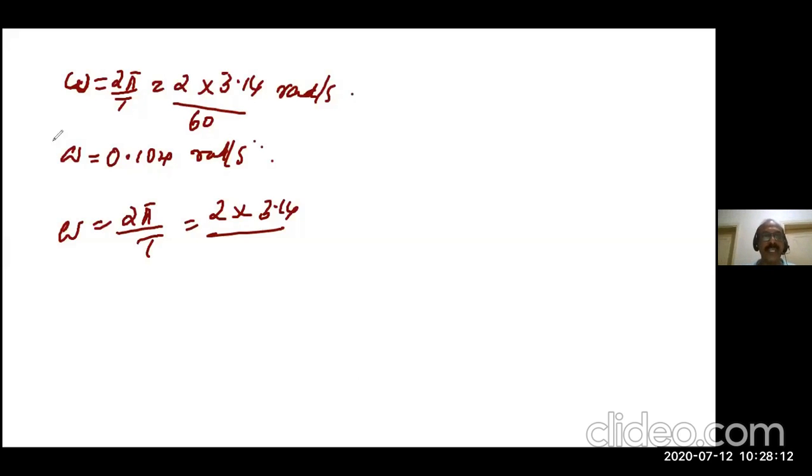So we can write here 60 minutes. 60 minutes means 60 into 60 seconds. So this is again 2 pi by 3600 radians per second. For the minute needle to go around the clock, it will take around 60 minutes.